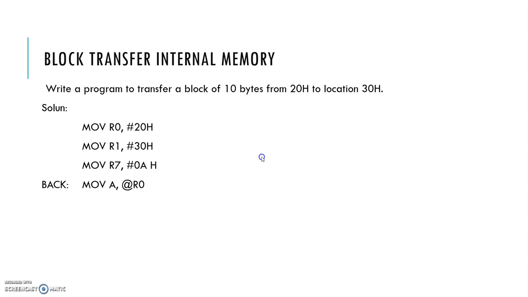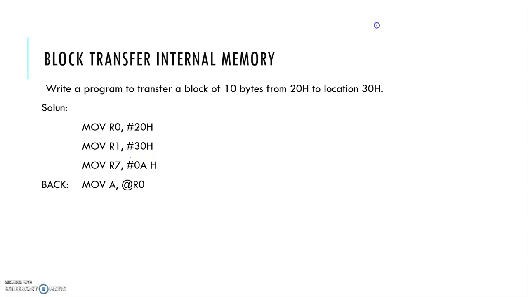From 20 hex the data is moved to the accumulator register, and this data should be placed in location 30 hex. How can we write the next instruction? We need to place the data to the 30 hex location. So MOV @R1. @R1 means it is pointing to location 30 hex.